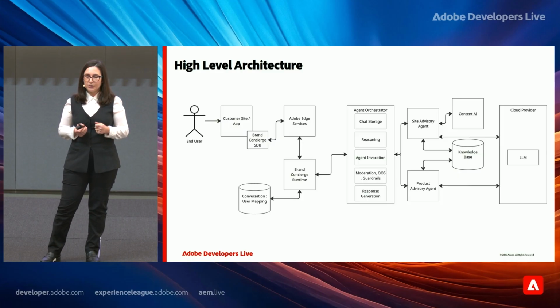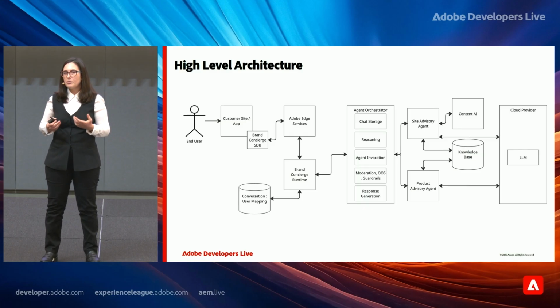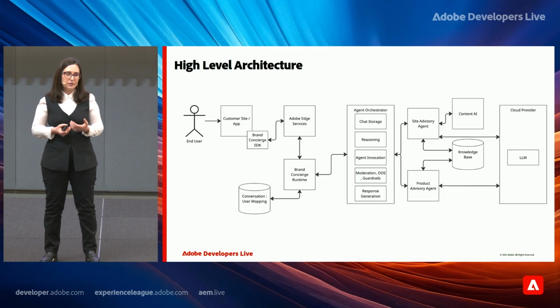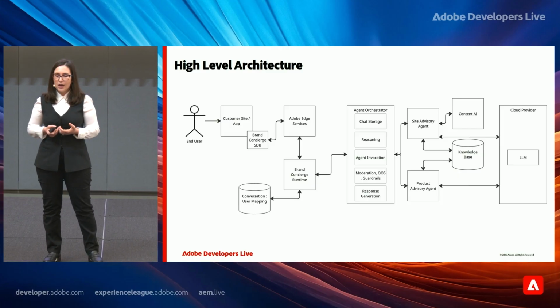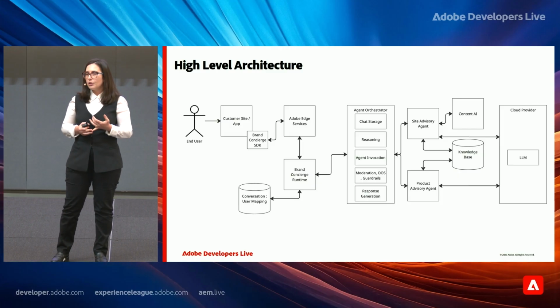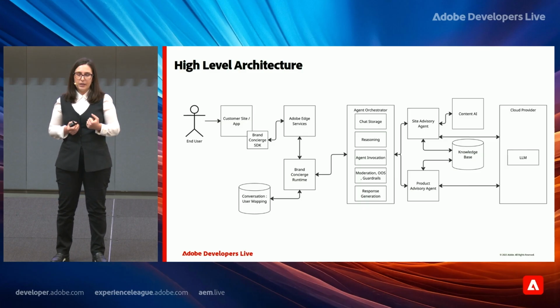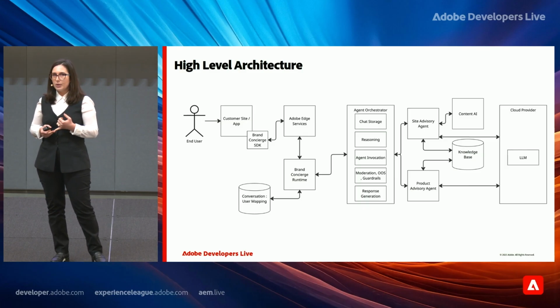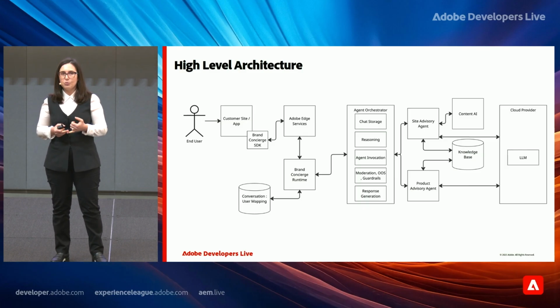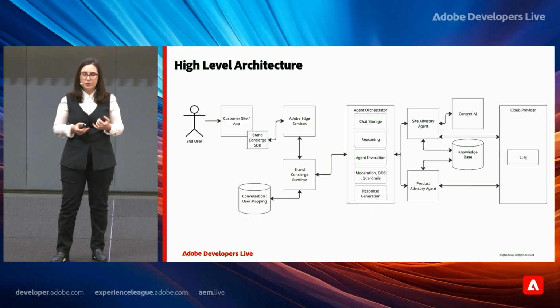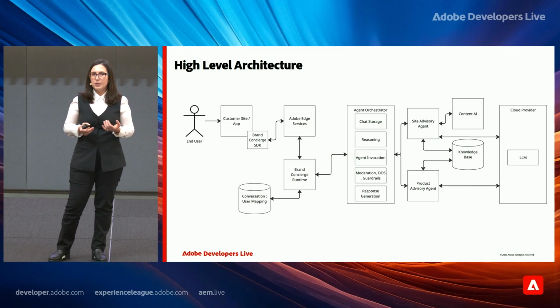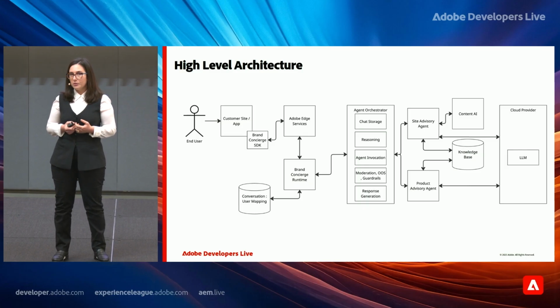Agent Orchestrator handles chat history and is also responsible to pick the right agent for the right task. For example, a general question will be handled by the question answering agent. A support request will be handled by the support agent, and any out-of-scope question like, what is the capital of France, will be handled by the out-of-scope agent.